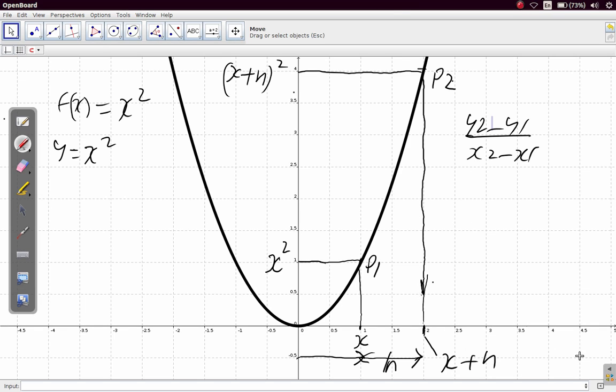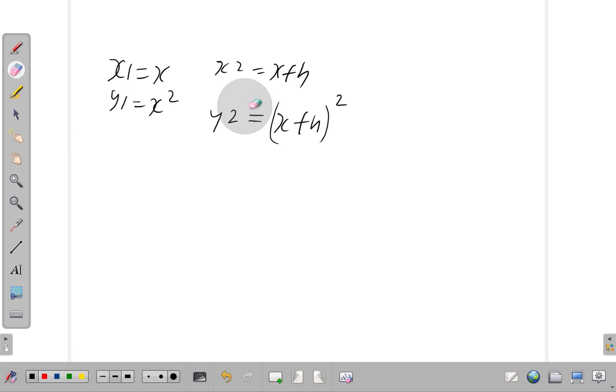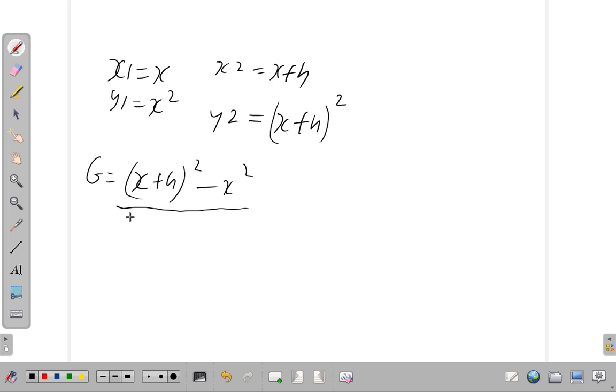So let's do that. The gradient g equals y2, which will be x plus h squared, minus y1, which is x squared, divided by x2, which is x plus h, minus x1, which is x.